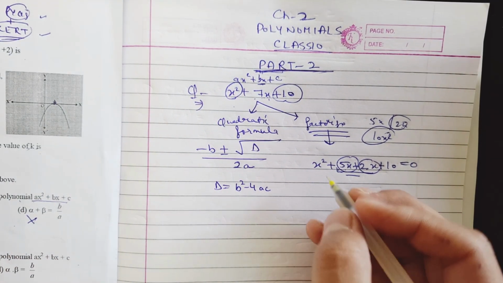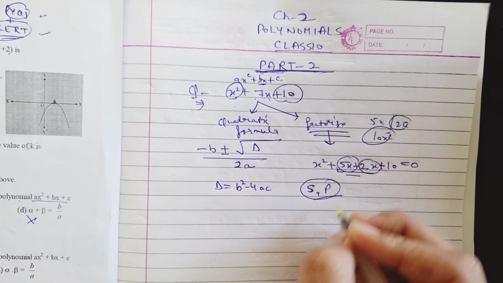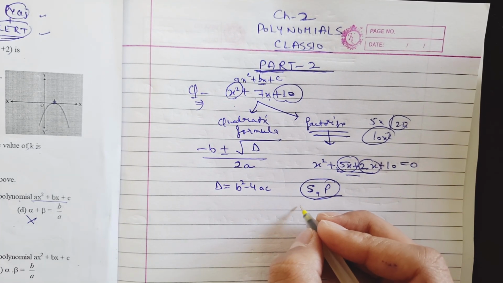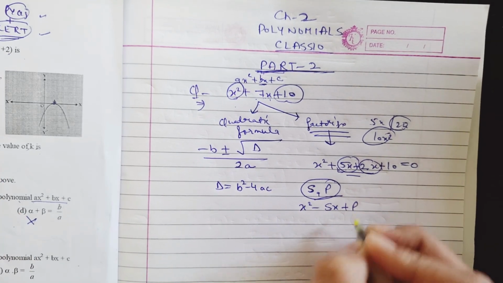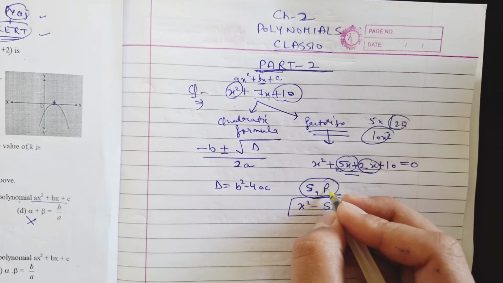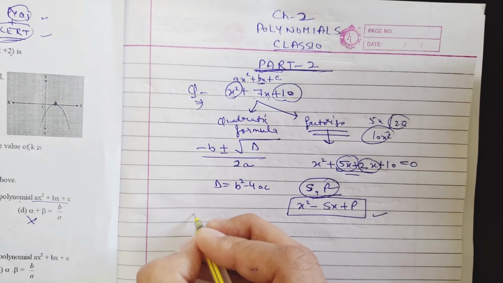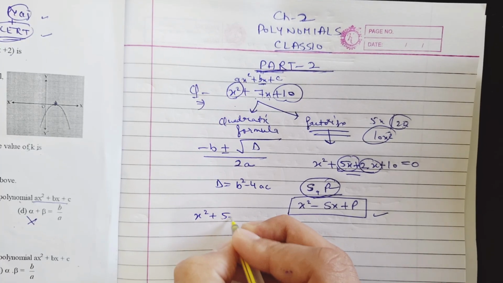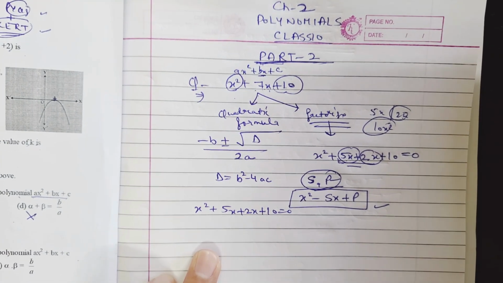You also know that if the sum of zeros is given as s and the product as p, then the quadratic polynomial is x square minus sx plus p. Now we continue: x square plus 5x plus 2x plus 10 equals 0.